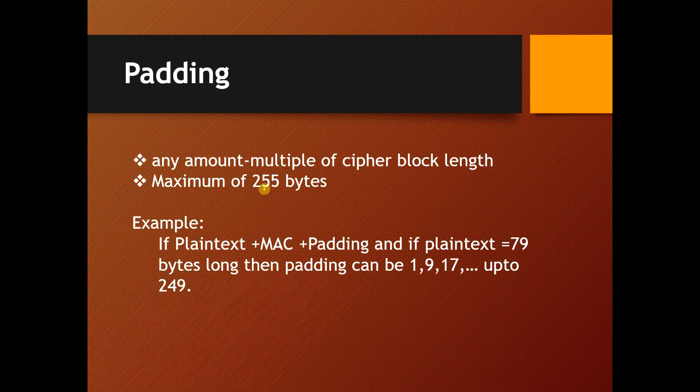We are not limited to 255 in this case, but we have seen that it is within 255. So the padding can be 1, 9, 17, up to 249, ensuring that it is in terms of bytes, so that the total is a multiple of the cipher block length.